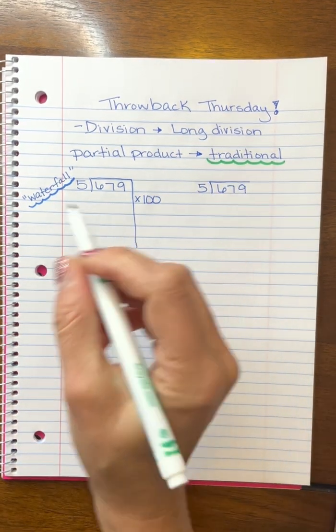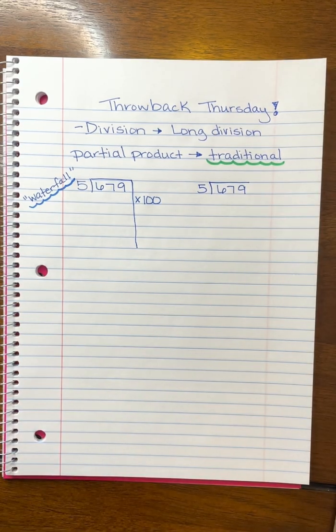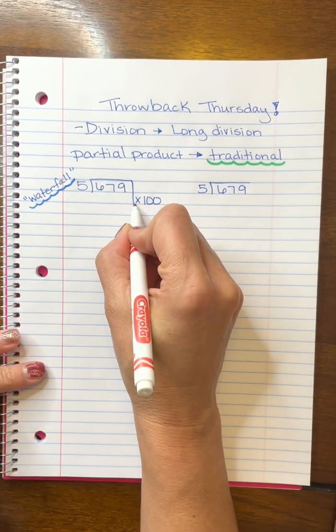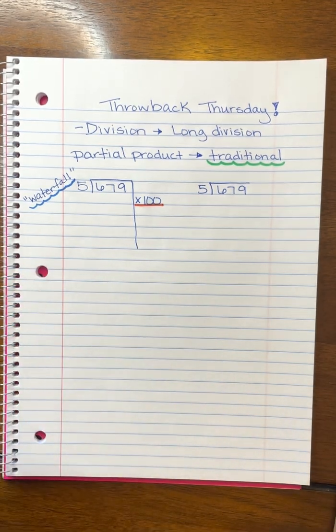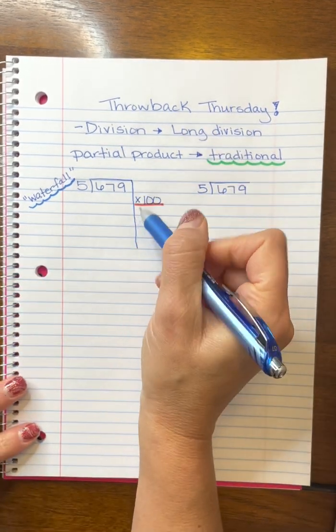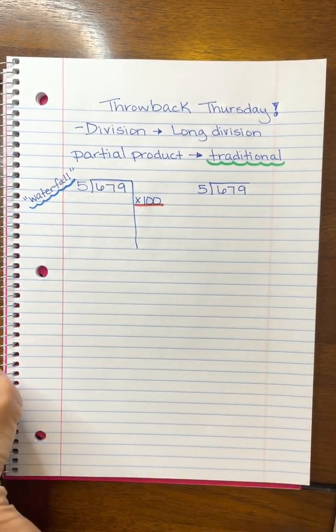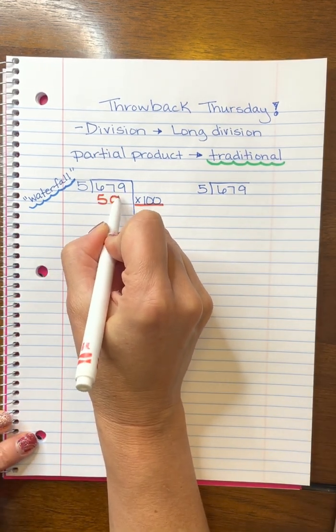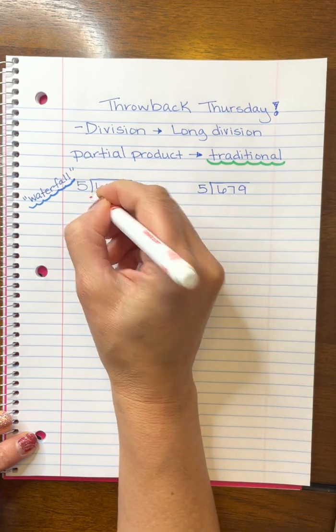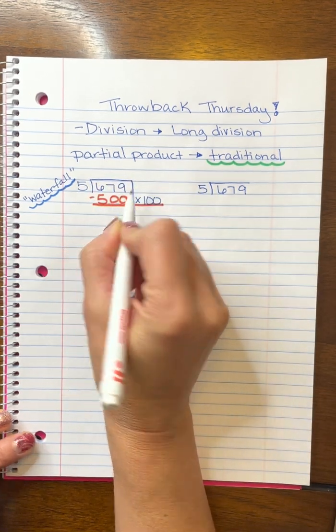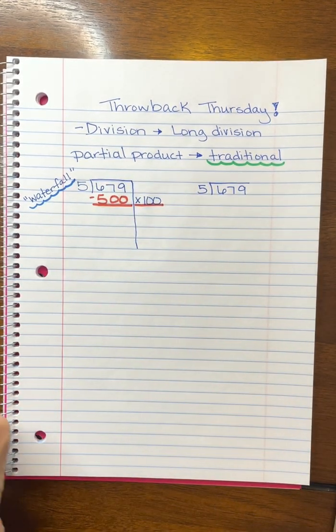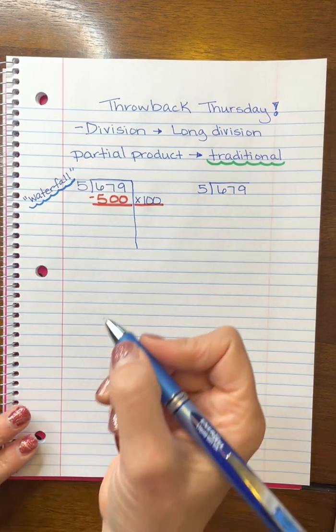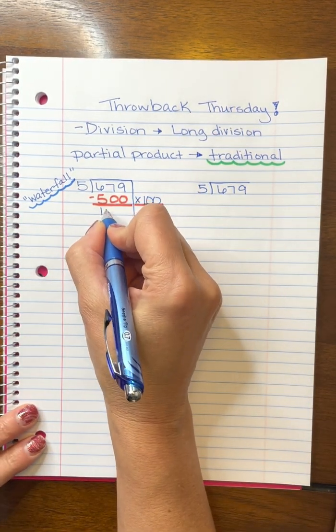Then I'm going to write 500, and I'm going to subtract that. And I am going to end up with 179.